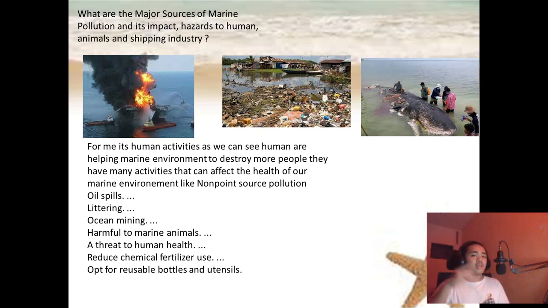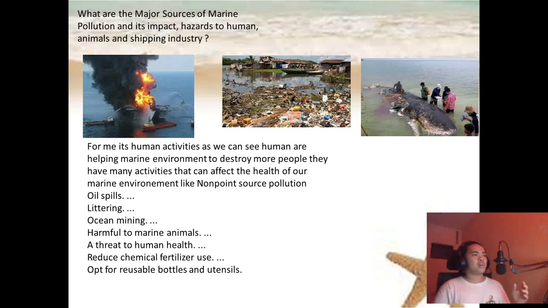There are so many sources of pollution. Oil spill, some of which are considered human error. Littering, ocean mining, harmful to marine animals, a threat to human health. So all of these came from human activities.